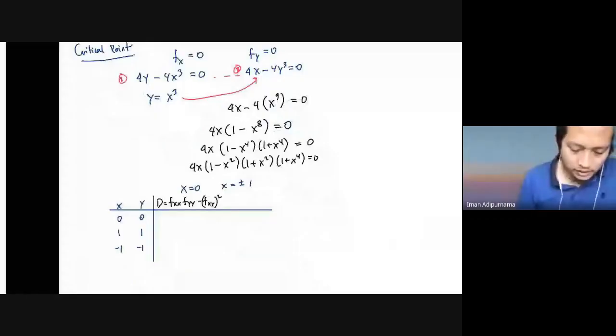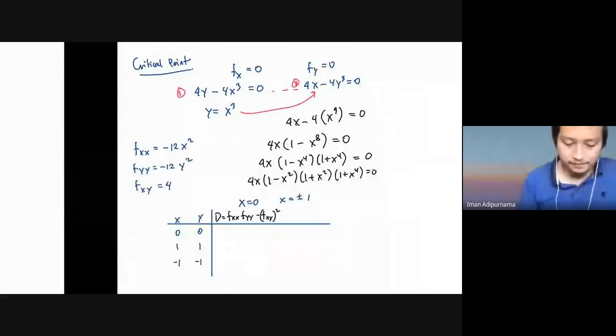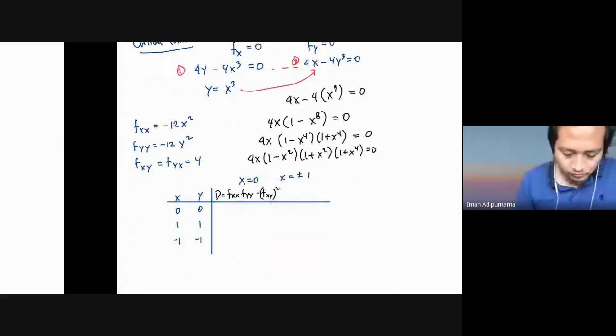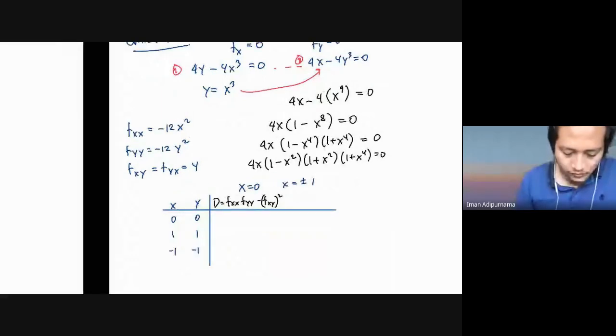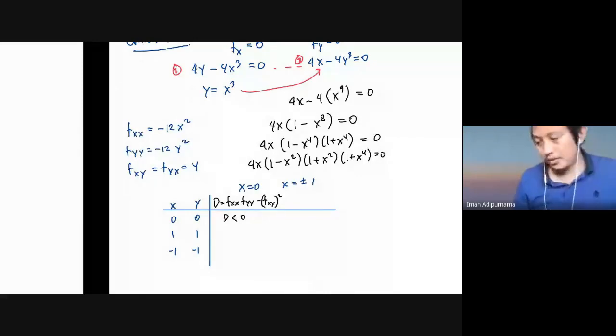Partial xx is negative 12x squared, partial yy is negative 12y squared, and partial xy is 4. Now we can check all the D that we can find. Check 0, 0. This will be negative because of negative 16, because of 4 squared.